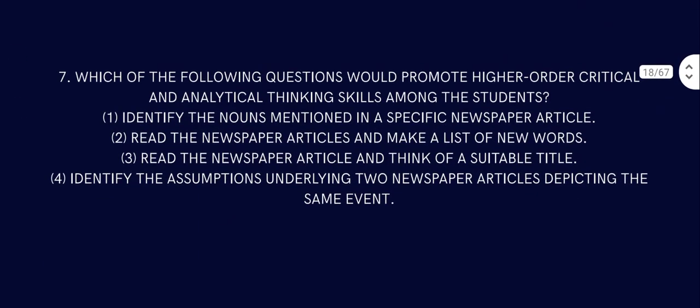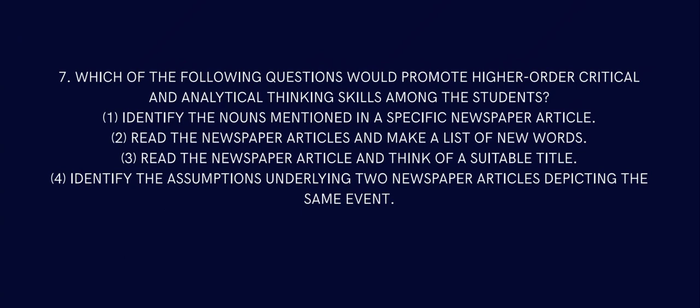Question number 7. Which of the following questions would promote higher order critical and analytical thinking skills among students? Identify the nouns mentioned in a specific newspaper article. That you can do from knowledge. Read the newspaper articles and make a list of new words. Sure, you can do that, it doesn't really need higher order thinking skills.